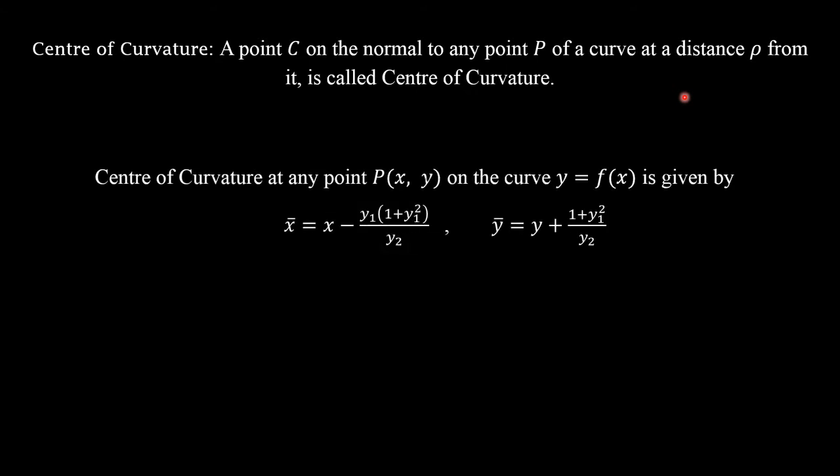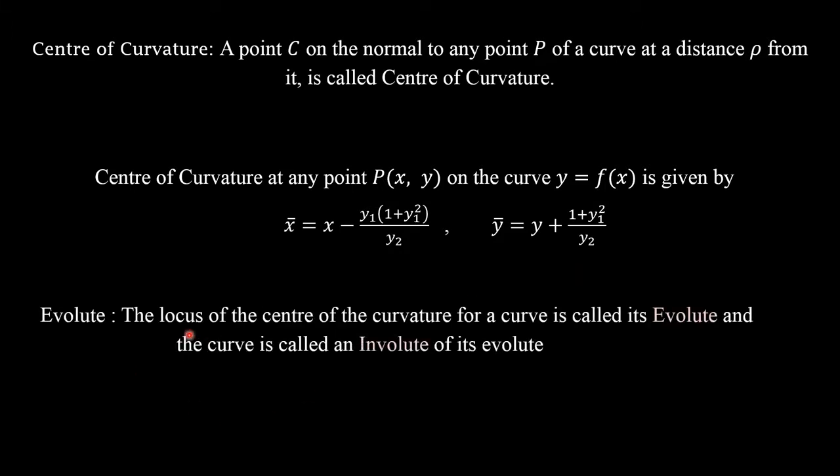The coordinates of the center of curvature at any point P(x, y) on the Cartesian curve y = f(x) are given by x bar = x minus y1 into (1 plus y1 square) divided by y2, and y bar = y plus (1 plus y1 square) divided by y2, where y1 and y2 are the corresponding first order and second order derivatives of y with respect to x.